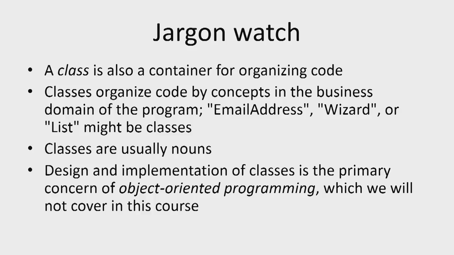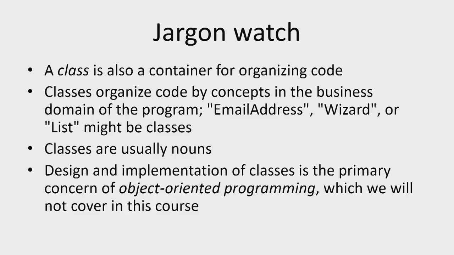So if you're writing a program that manipulates email, then you might have a class called EmailAddress. If you are writing a game, then you might have classes like Wizard or Warrior or Weapon. If you are writing something like the generic collections namespace, a List is something that might go into that namespace. That would be a class.